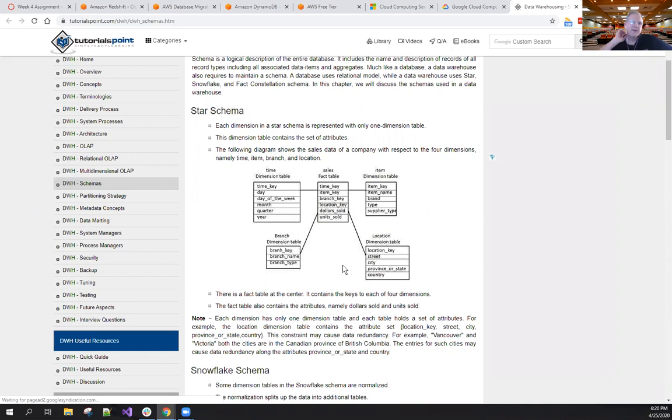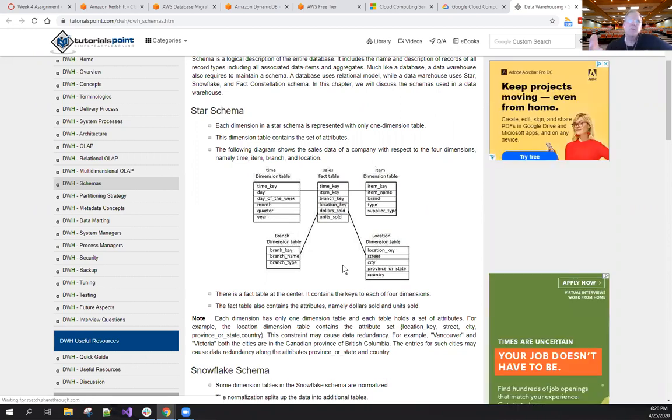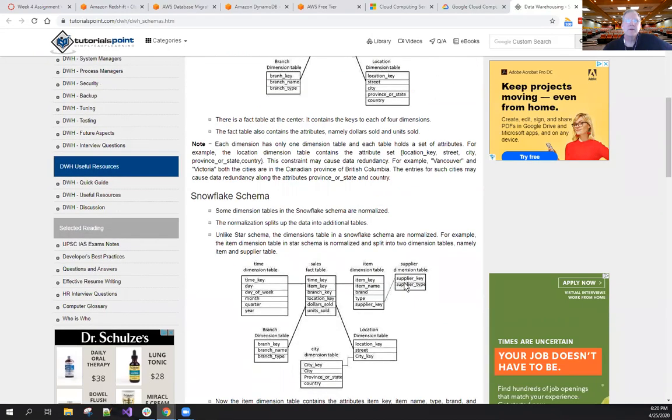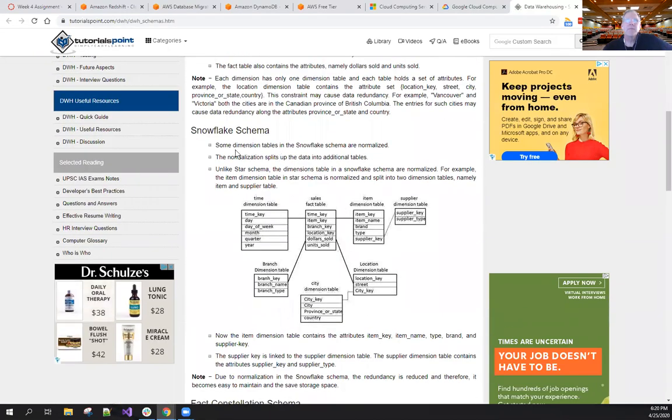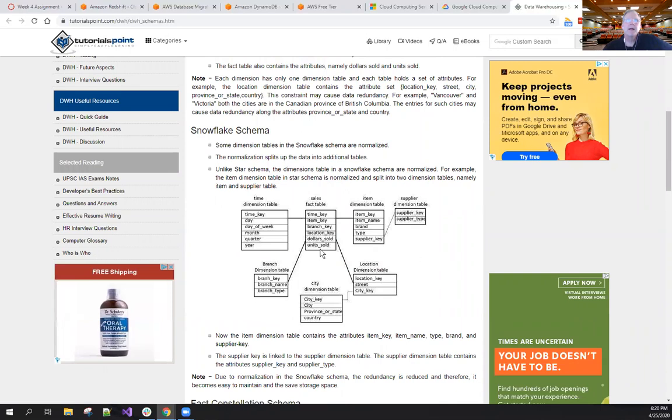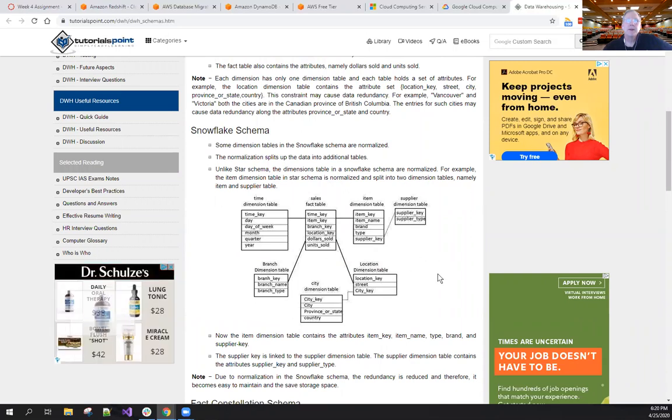It looks at all the data and makes observations about it. So besides the star schema, you also have a snowflake schema, and even some normalized data.